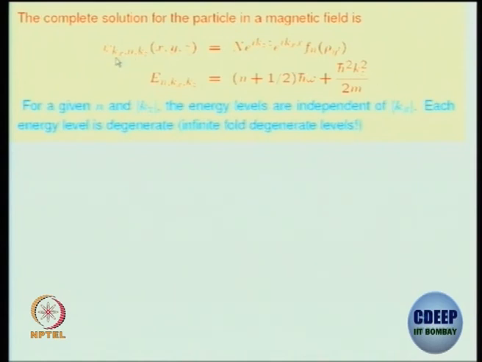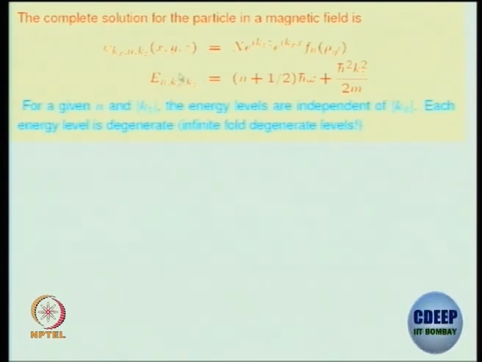The quantum numbers are not only n, you also have a kx and a kz, and the corresponding energy is the energy for an nth excited state in the y coordinate, but it can have a kx which is contributing to the energy in the x coordinate in general, and kz.